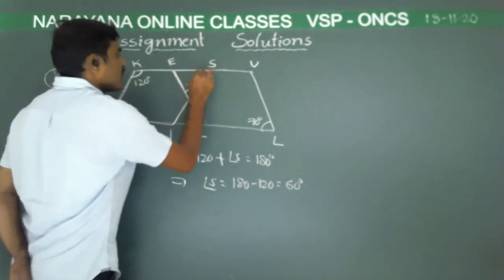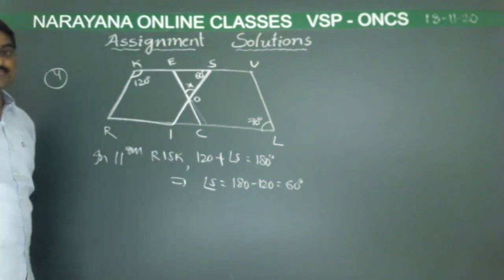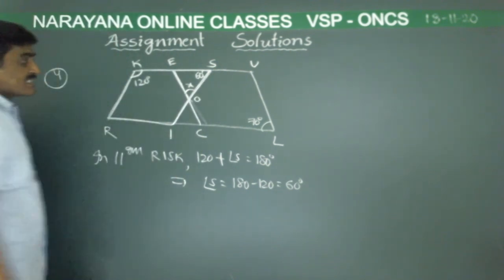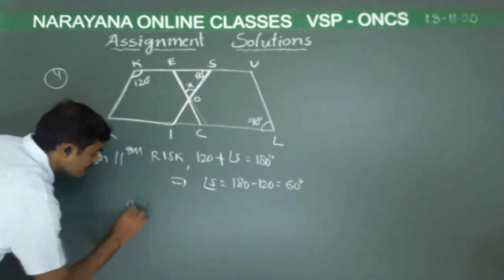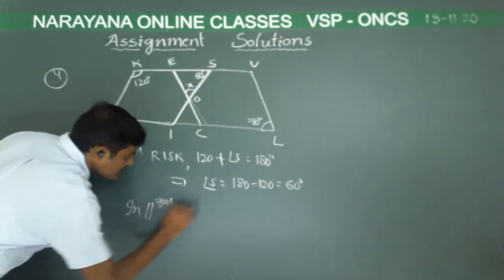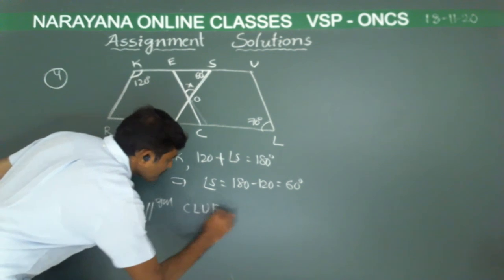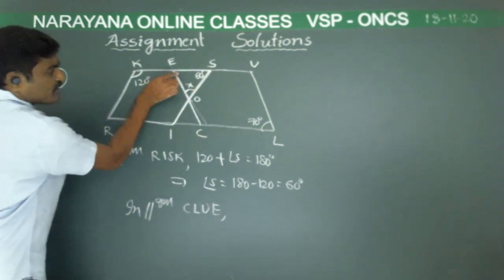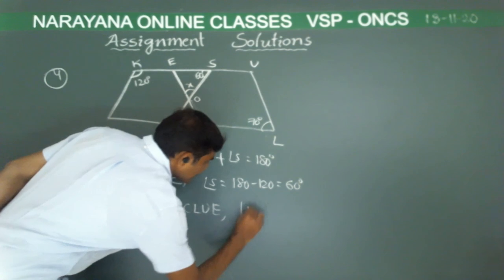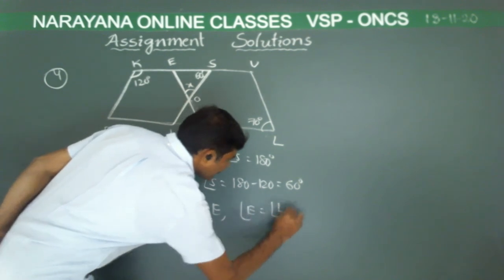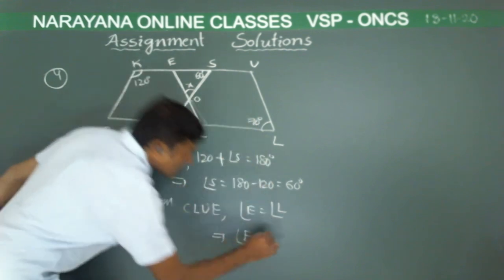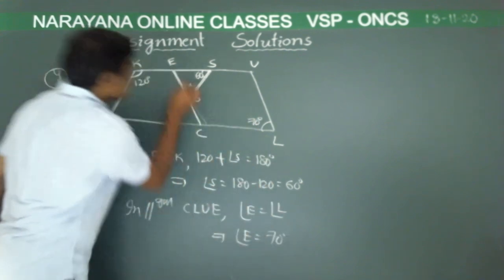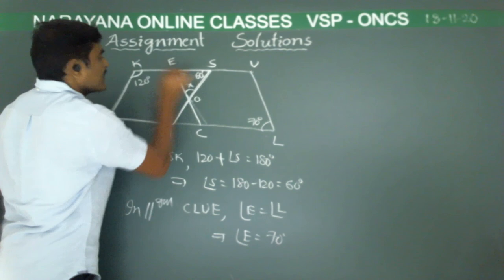So I got this angle as 60 degrees. Next, in parallelogram CLUE, angle L is equal to angle E. So angle E is equal to 70, since angle L is given as 70. So I got this angle as 70.